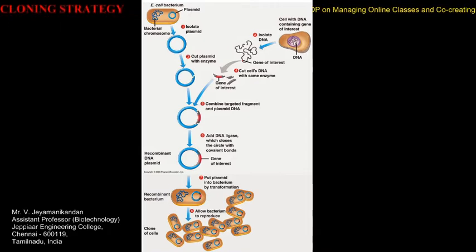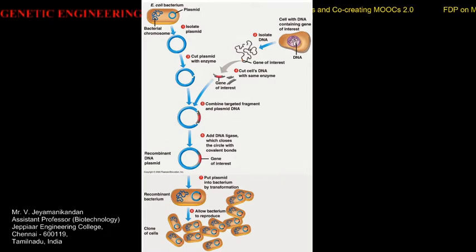After this, you have to go for transformation. For that, you have to make the host cell competent. What are competent cells? Competent cells are cells which have the ability to take up foreign DNA. By using the calcium chloride method, you can make the cells competent.